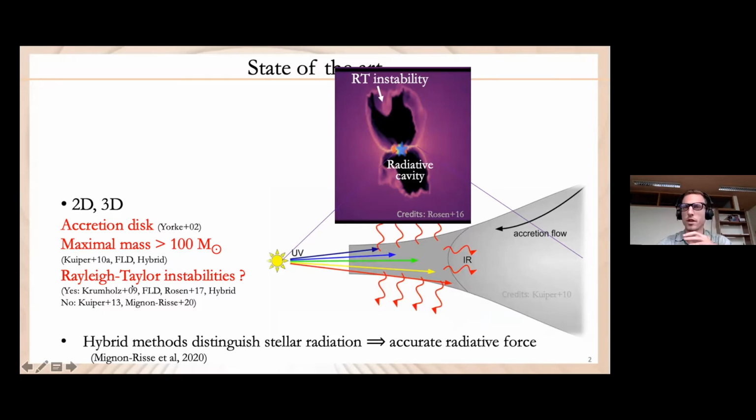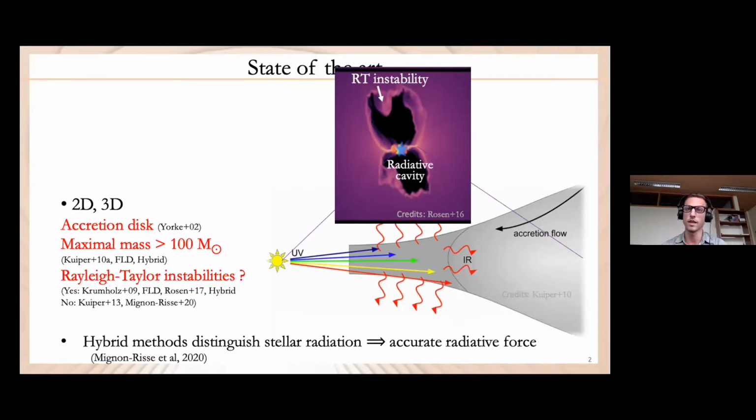The main point here is that those simulations used, of course, hydrodynamics, and because of this historical problem of radiation pressure barrier, they also used radiative transfer coupled to the hydrodynamics. And actually, in the past 10 years, people have been distinguishing the radiation from the star from the radiation from the disk, because both are emitted at very different frequencies, typically in the UV for the star, typically in the infrared for the disk.